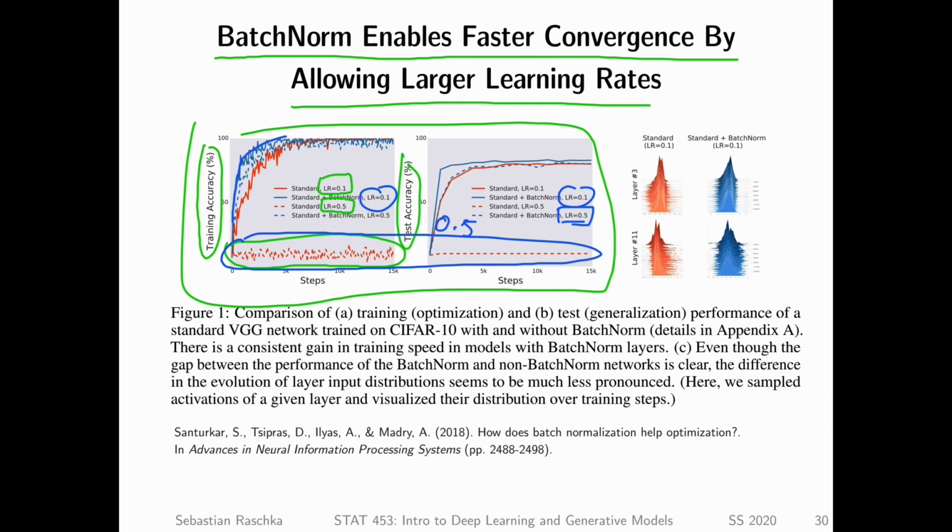This one doesn't train as fast as the other, but in the end the performance is almost the same. Again, the smaller learning rate is maybe better, but batch norm still allows us to use larger learning rates, which is nice. Although it may not give you the same performance, you can already see that a large learning rate is not too terrible here. Okay, so that was one takeaway: you can use larger learning rates when you use batch norm.